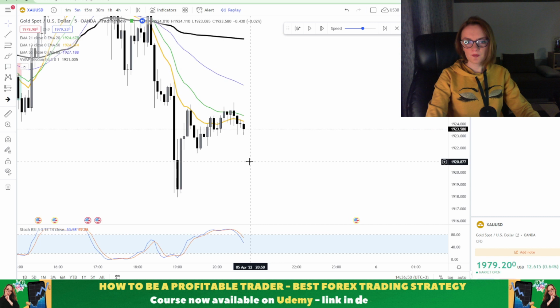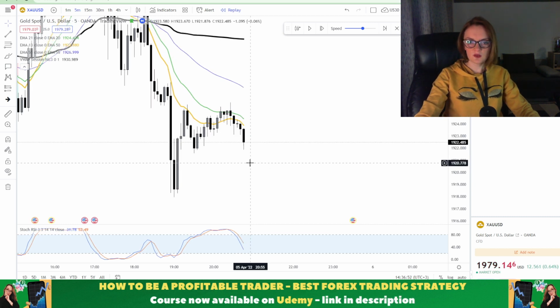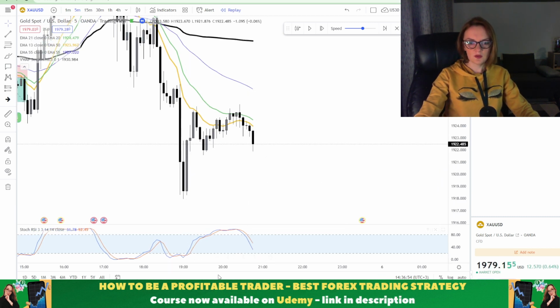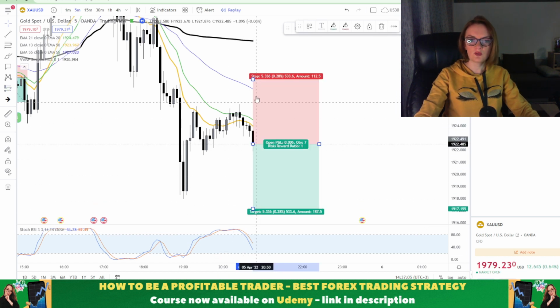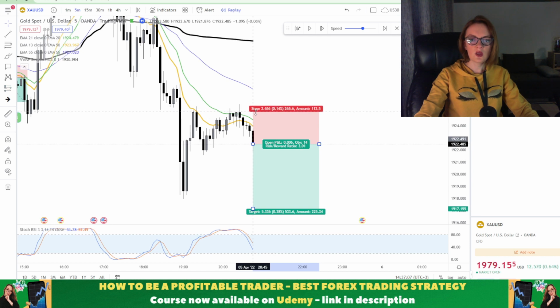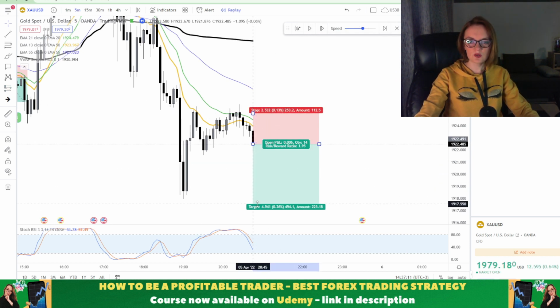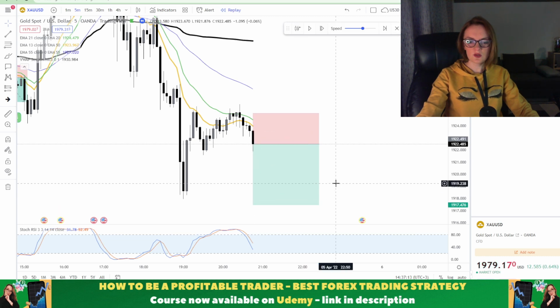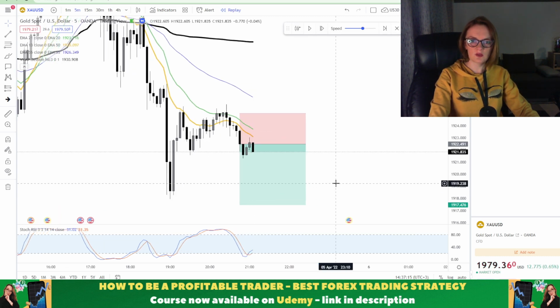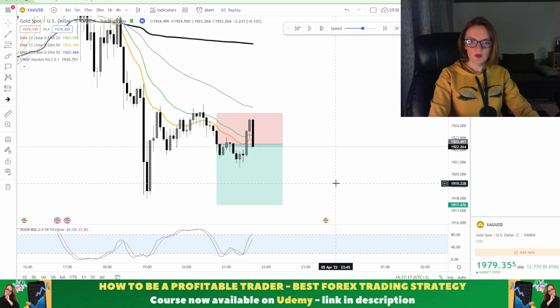All right, one more candle, but it may be too late, because you can see here that the stochastic is already cooling down, but we are going to just take this position for the sake of the backtesting in order to see how this strategy actually works. All right, so let's consider that we took that late entry there.